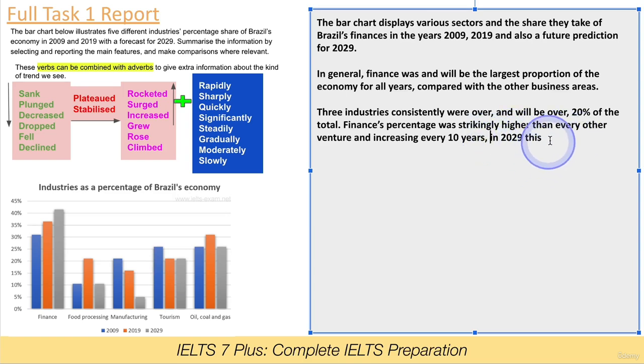In 2029, this figure will stand at, we have a gap of 5, so 41, 42, maybe 42% or 41%. 42. Okay, so we've addressed finance.